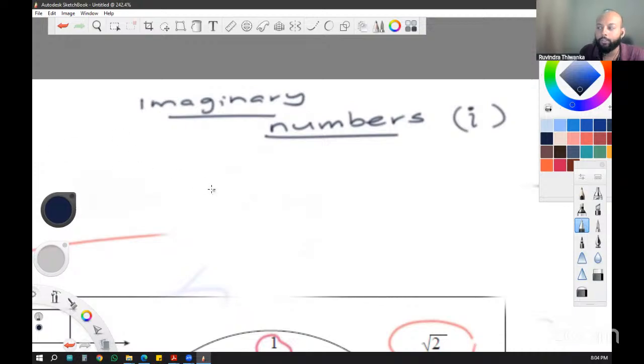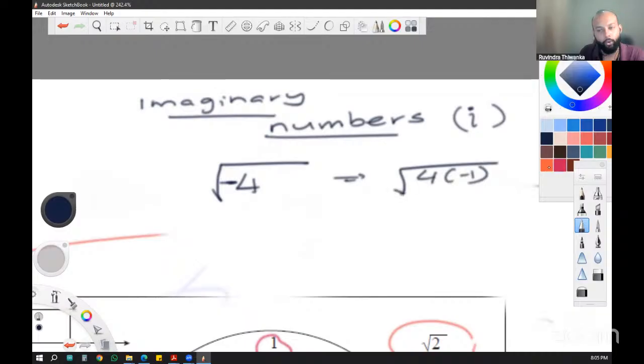In that case, we can write root of minus 4 as root of 4 times minus 1. We just took minus 1 out of minus 4. And we know the square root of plus 4 is 2.